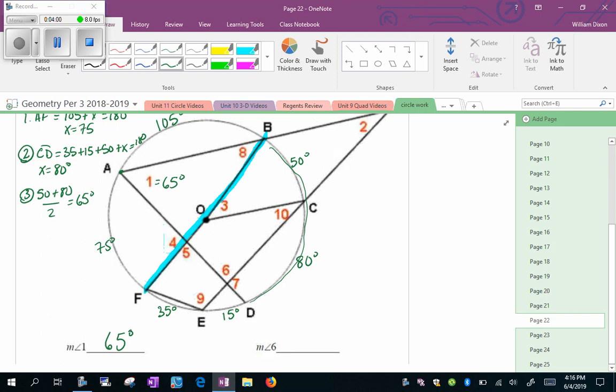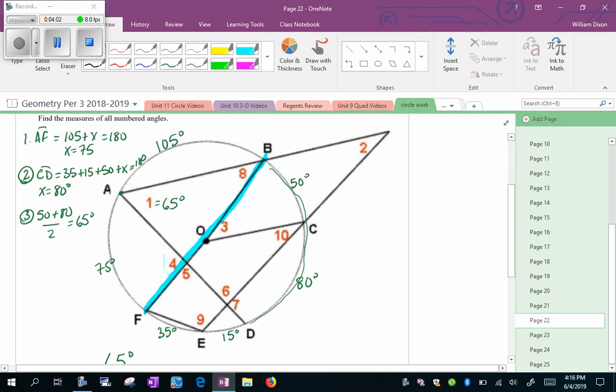All right, now I'm going to go for angle 2. So angle 2 is outside of the circle, and that is here. I'm just going to highlight it a little bit because otherwise it's going to get really messy. So I know that's going to be half of these two arcs, 75 plus 35, minus 50 degrees.